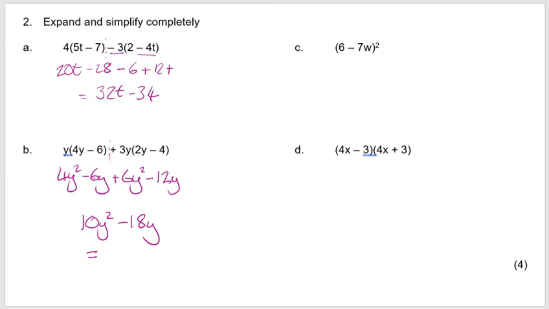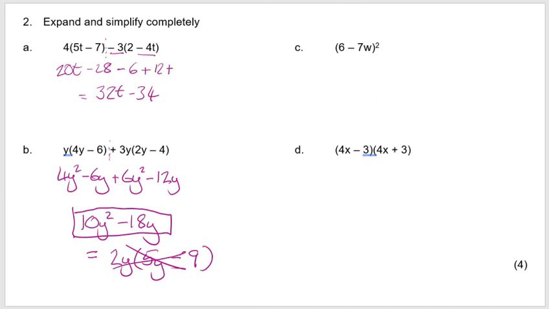If I did, we could take out a factor of, what would it be, a 2, a y, and that will leave us with a 5y minus 9. We were asked to expand and simplify. Factorising is the opposite of expanding, so we should not go for this additional step at the end because we're undoing the whole expanding process. So our final answer has got to be 10y squared minus 18y.